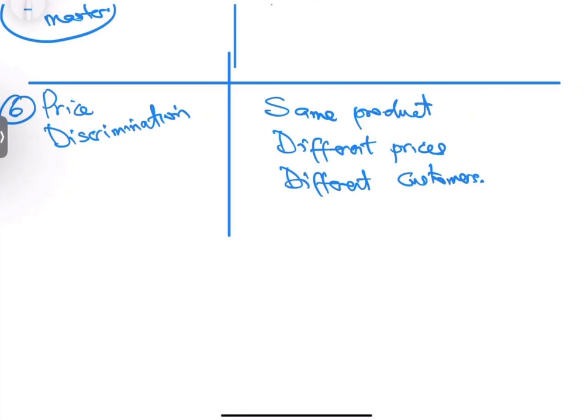But it is important that you make sure that they are not able to cross to the cheaper market. Because remember, it's the same product you are selling to different markets. One you are selling to Pakistan, the other one you are selling to Switzerland. Right. The same product.